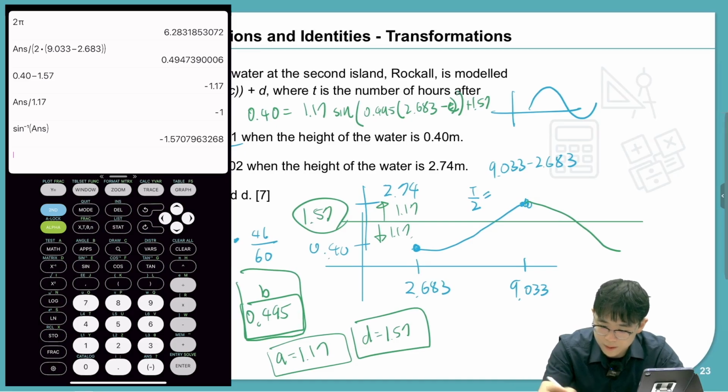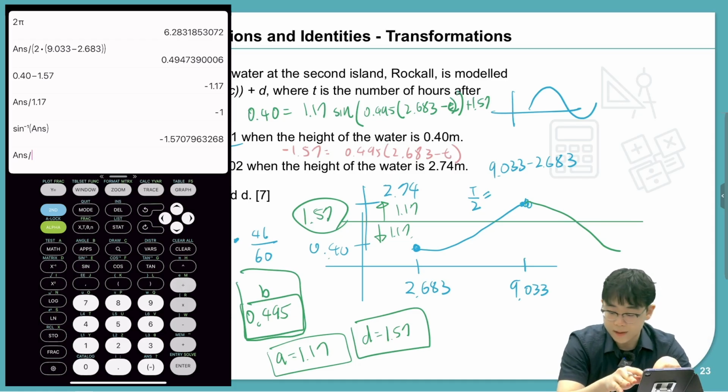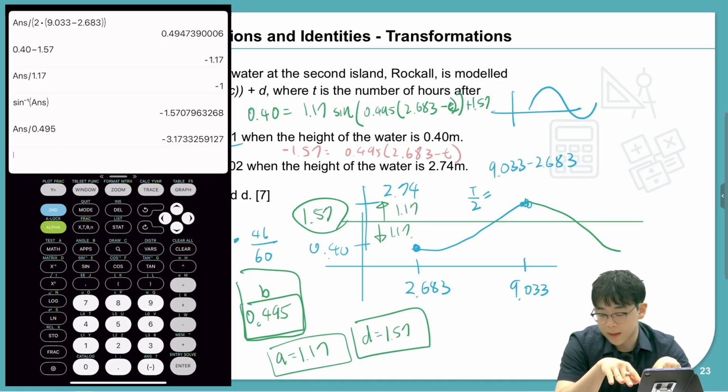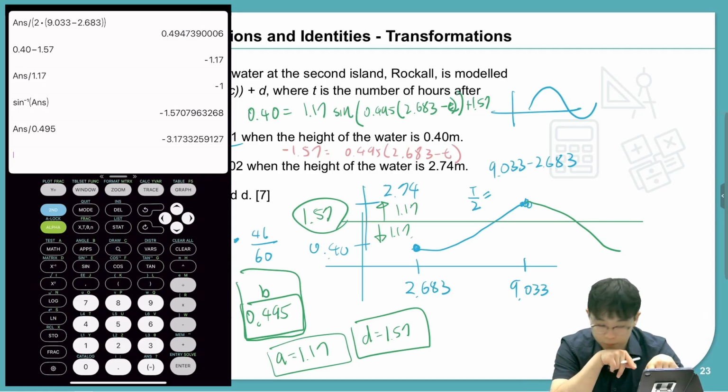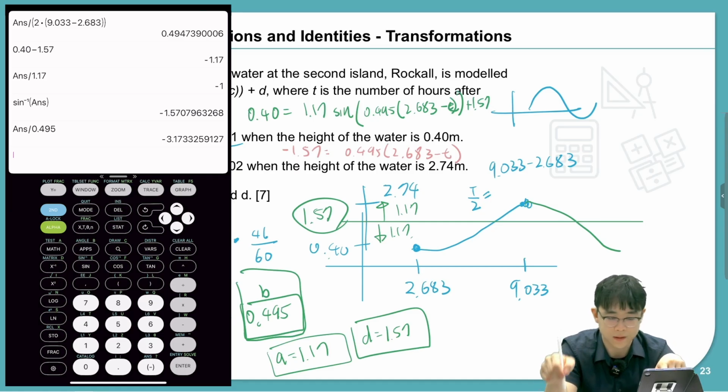So if I were to write down the middle step here, I get negative 1.57 is equal to 0.495 times 2.683 minus c. Then I can divide this by 0.495. And then I could subtract 2.683. Okay. So actually, c I would send to the other side, and then I would add 1.57 and 3.17 here.